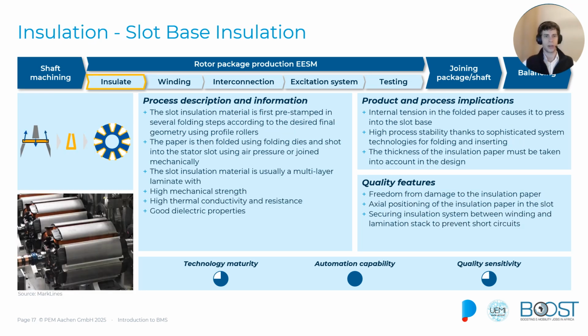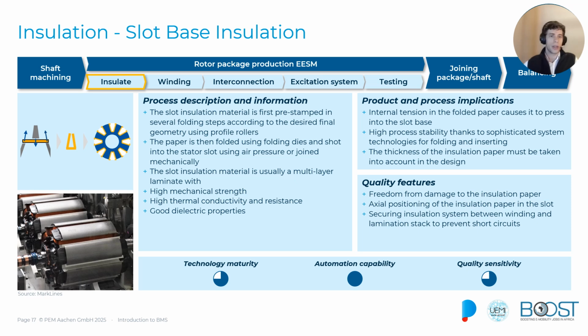Now we are starting with the individual rotor package production of the EESM. The first step is to insulate the stack against the wire potential, reducing the risk of short circuits. The process starts by cleaning the slots to ensure they are free from debris.